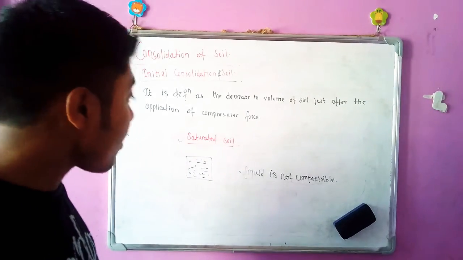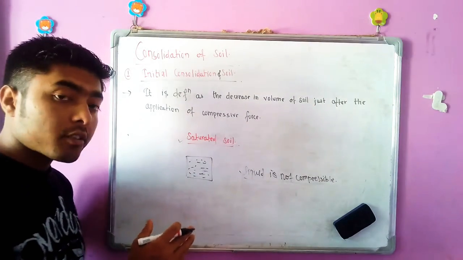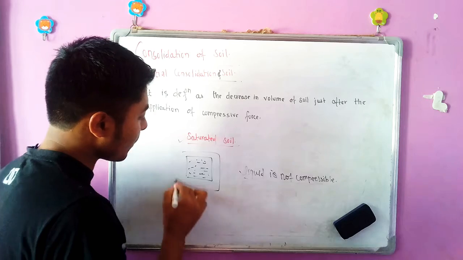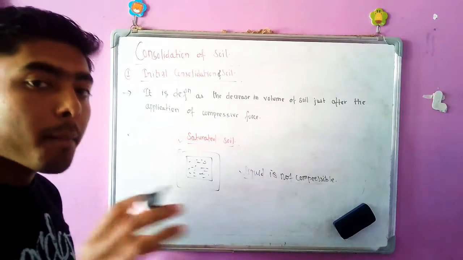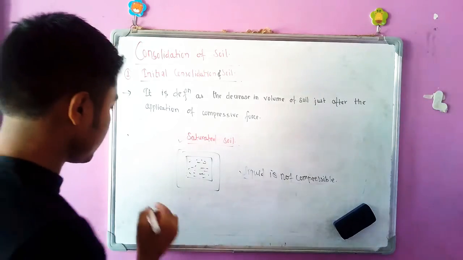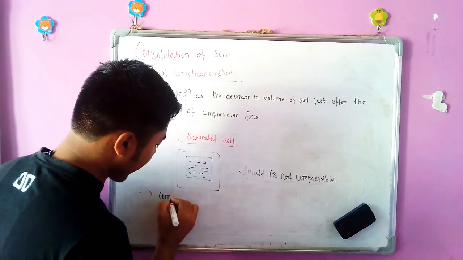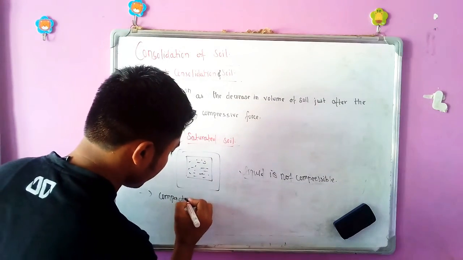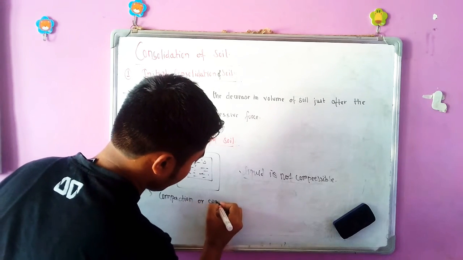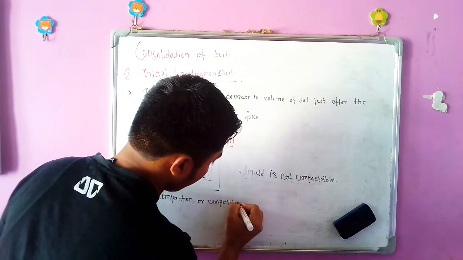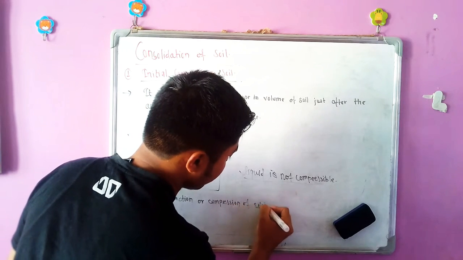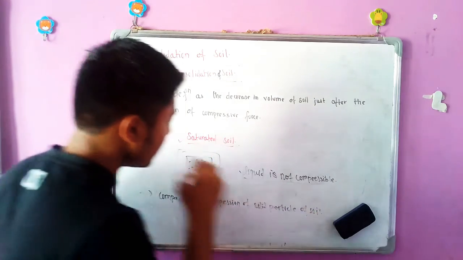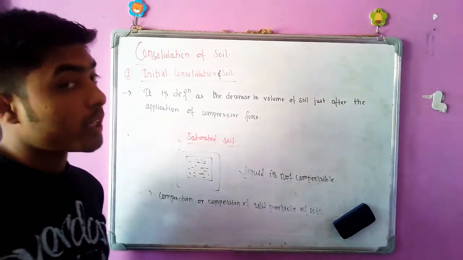So what will cause the actual decrease in volume of the soil? The volume of this soil sample decreases because of compaction or compression of the solid particles of the soil.